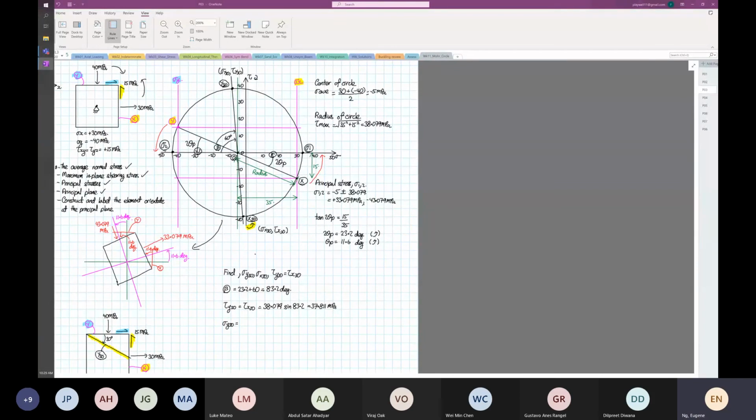For the normal stress, you need to take where the center of the circle is. The center of the circle is not 0. The shear stress starts from 0, whereas the normal stress is the center of the circle. It's not equal to 0 in a normal stress.